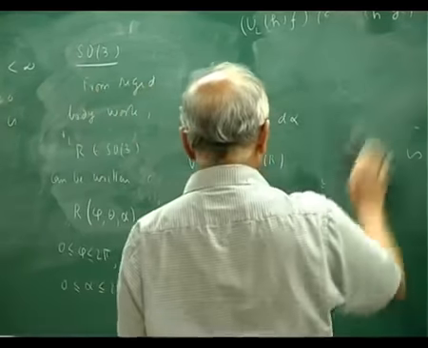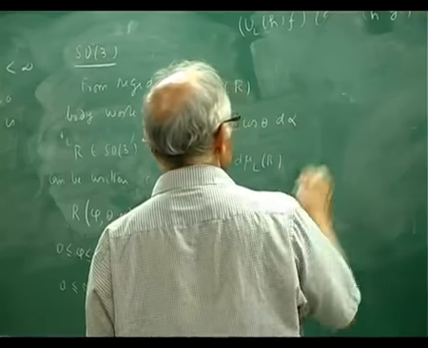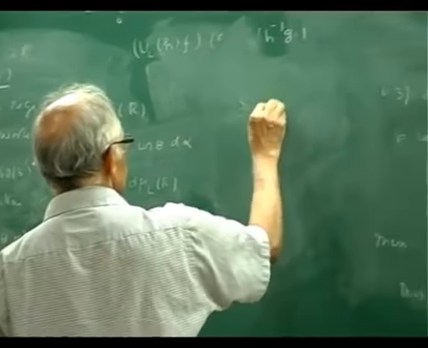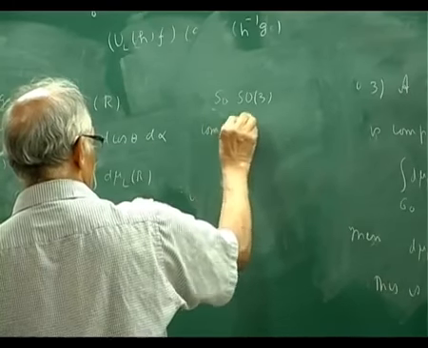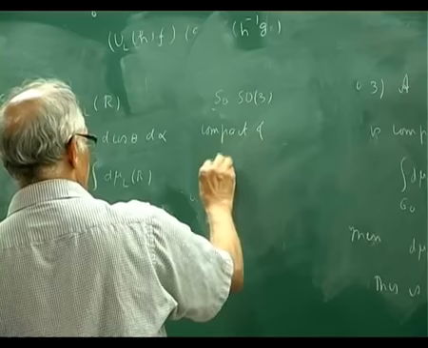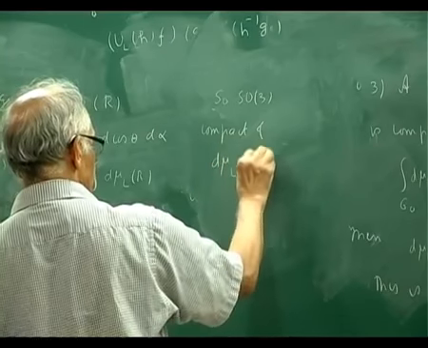So SO(3) is compact, and d mu L is equal to d mu R.